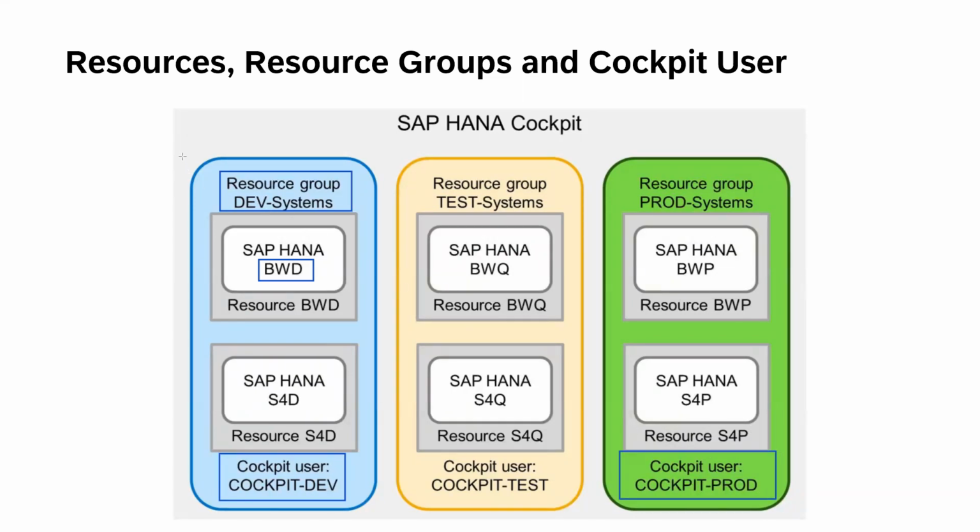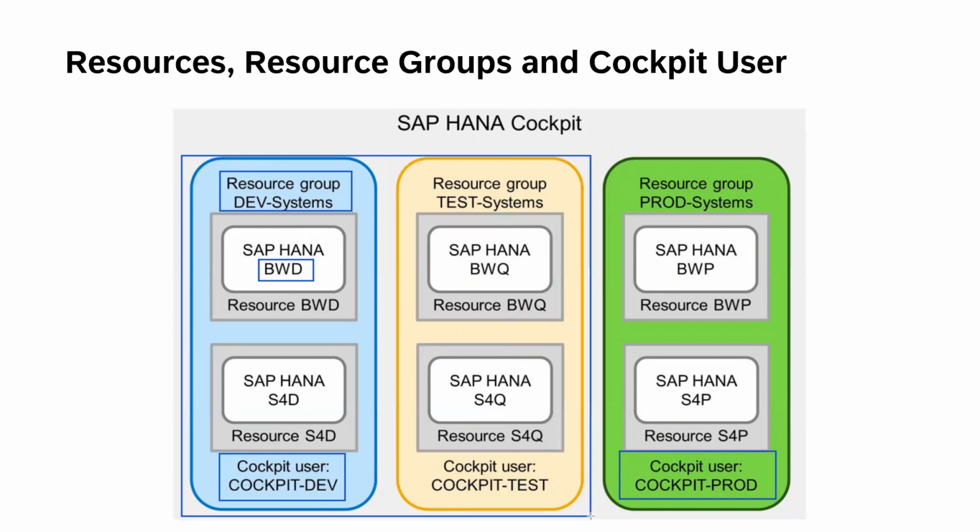The monitoring team will have access only to your development and quality system, not your production system. So like this, you can create different users for different groups over here to manage the resources within the groups. That is it.